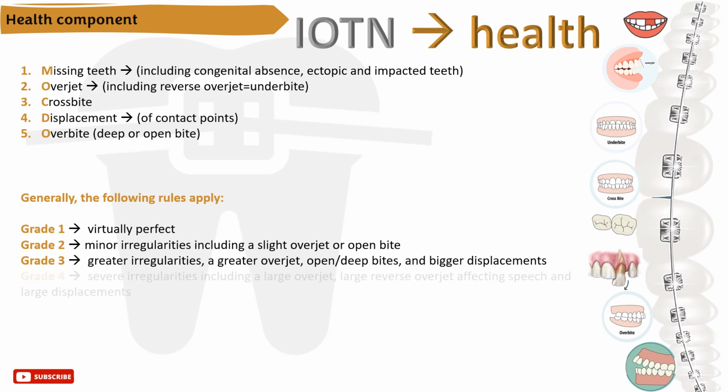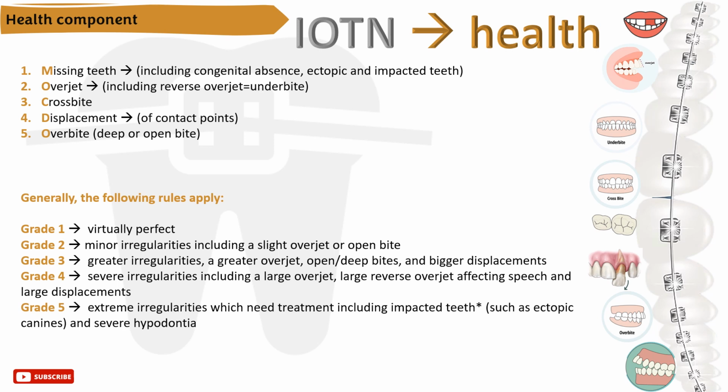Grade 4, when there is severe irregularities including a large overjet, large reverse overjet affecting speech, and large displacements. And grade 5 represents the extreme irregularities which need treatment, including impacted teeth, such as ectopic canines and severe hypodontia.